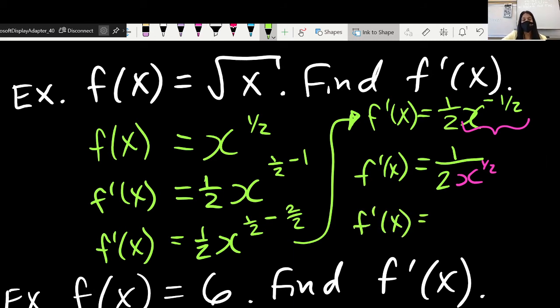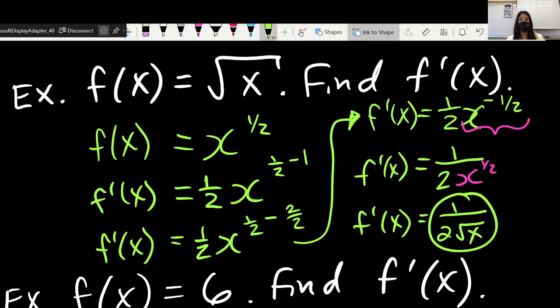This to me looks ridiculous that I'm writing every single step. I don't need you to do this, but I do need to do this so you get it in your notes. Do you see that we just end up with 1 over 2 root x? Because x to the 1/2 we know is a radical, it's best to not leave it as a fractional exponent, but to change it into a radical.